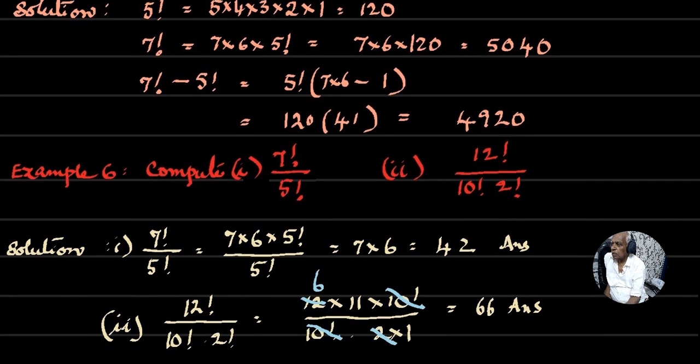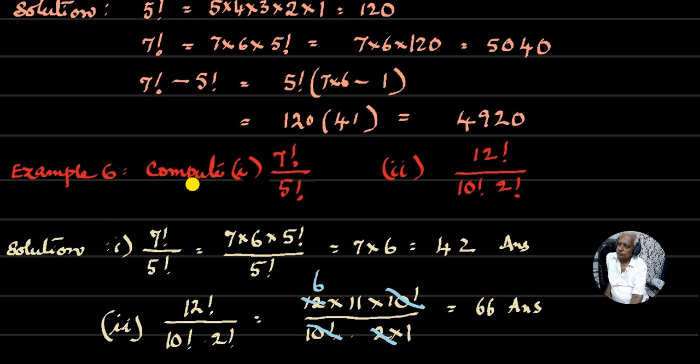Then here 7 times 6 is extra, it will be there, minus here factorial 5 goes, and so on. Factorial 5 is 120. And 7 times 6 is 42, minus 1 is 41, 4920.